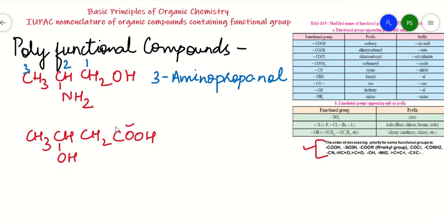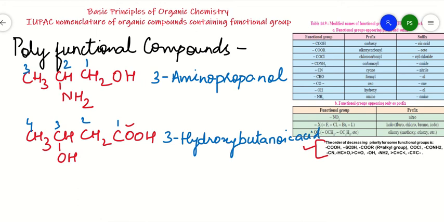So what would be the name of this compound? This is the 1st, this is 2nd, this is 3rd and this is 4th carbon atom. On the 3rd carbon atom there is hydroxy, and the name of the compound would be butanoic acid.